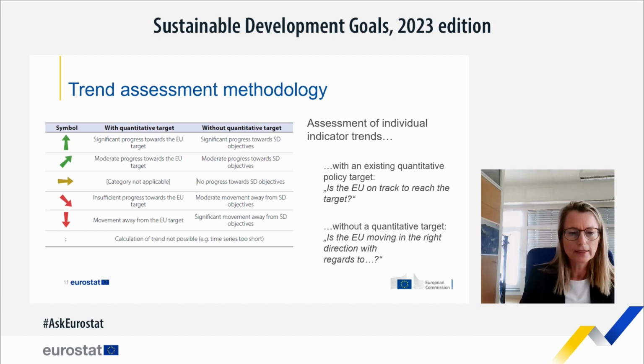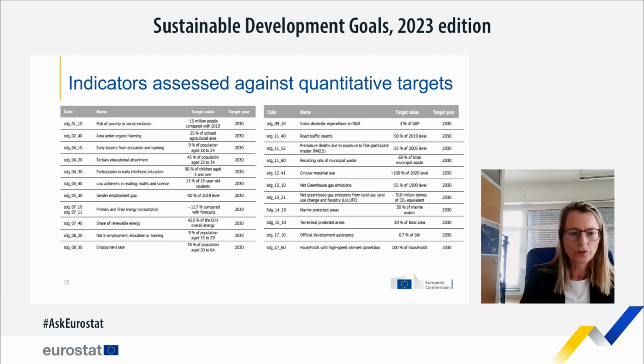On the next slide, I give you a quick overview. It's very small, but it's just for you to know there are 22 targets which we evaluate in our report. And as I said already, we only use those which have been adopted by the political level in other contexts. So it's not that we, as a statistical office, define targets for the EU.